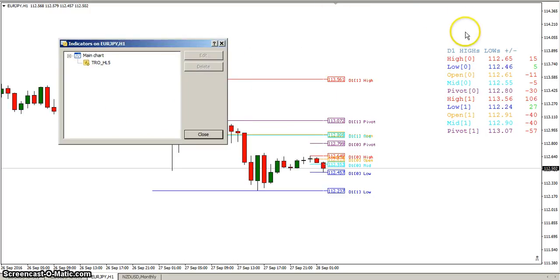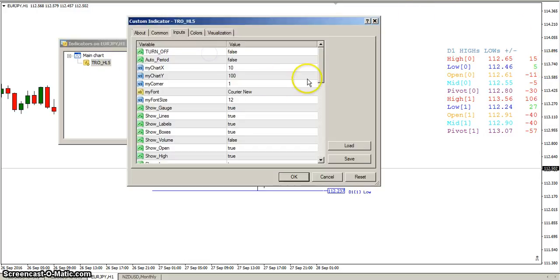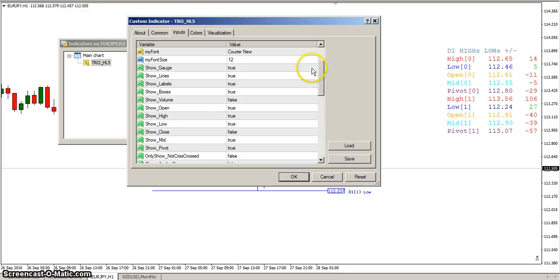That's why we shifted this over, to give the chart some room to have the gauge. Usually I have other gauges, but sometimes you can use the gauge just by itself.